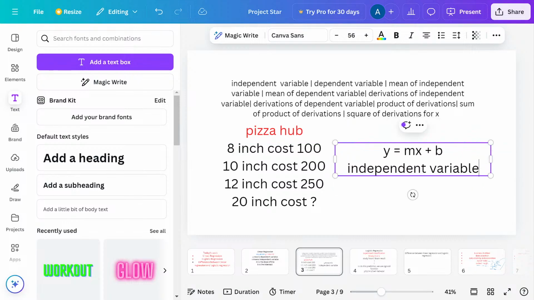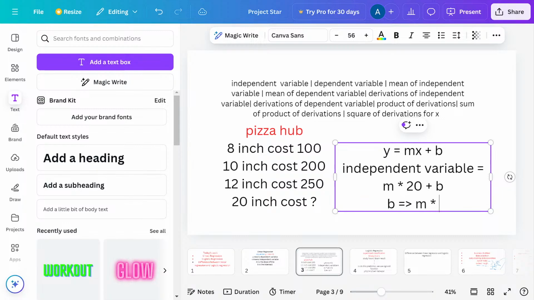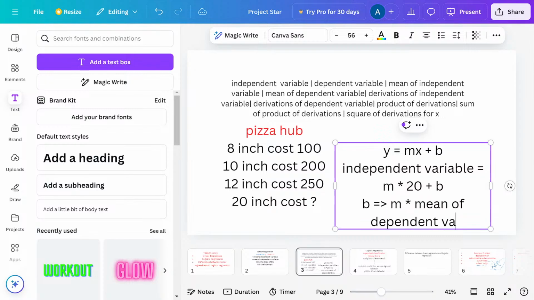In order to do that, we need to find m, and we already have x as 20 inch, and we also need to find the value of b. So what b really is, b is equivalent to the mean of y, the dependent variable.